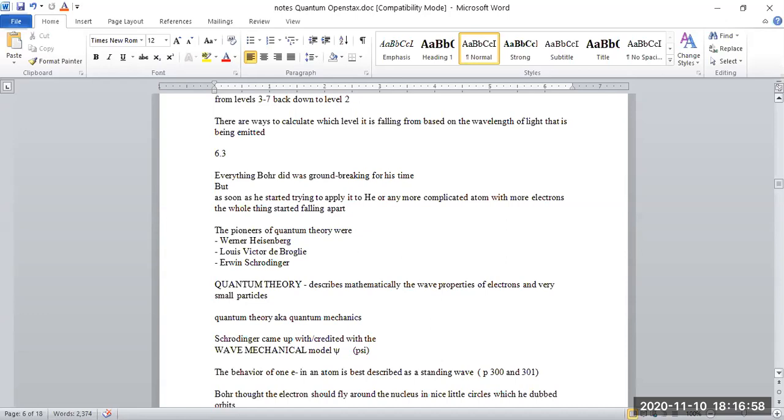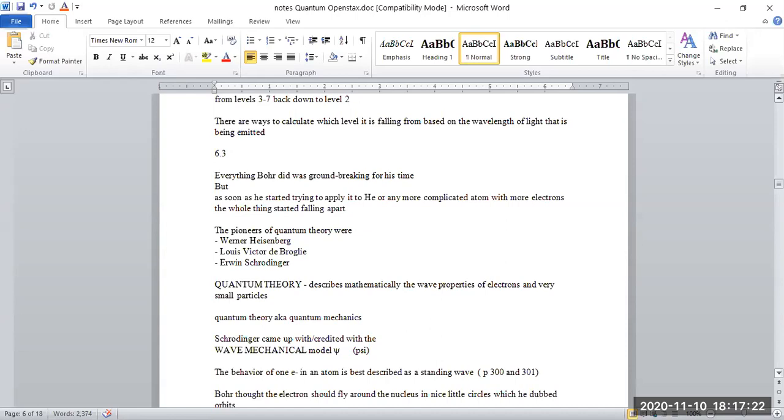So quantum theory is actually a whole slew of mathematical equations that describe the wave properties of electrons, but you can also extrapolate it to some other little tiny things too, other things that are subatomic.